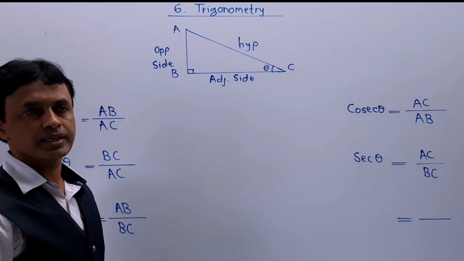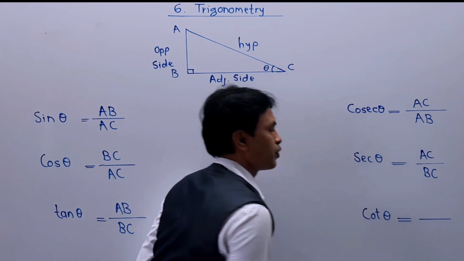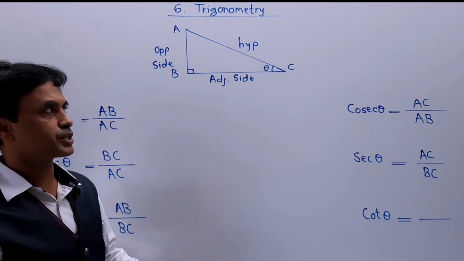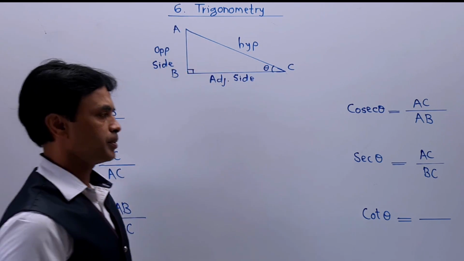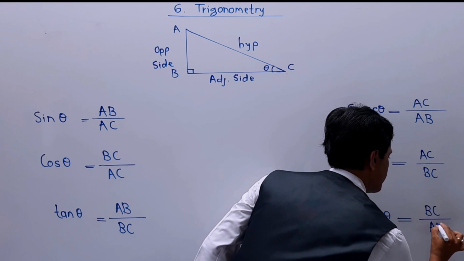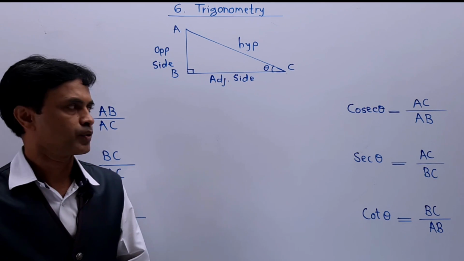And the last one is cot theta, which is adjacent side upon opposite side, means BC upon AB. These are the 6 fundamental formulae.